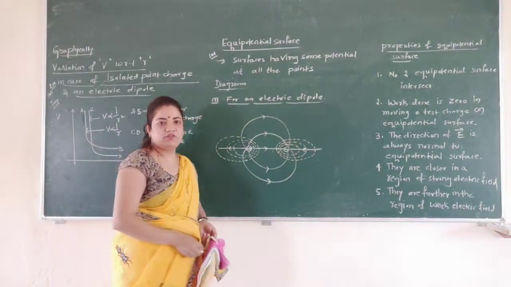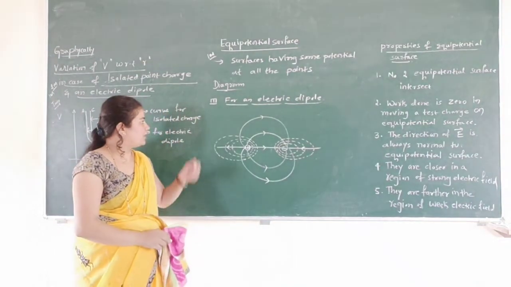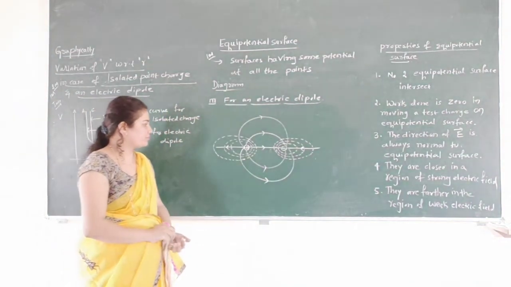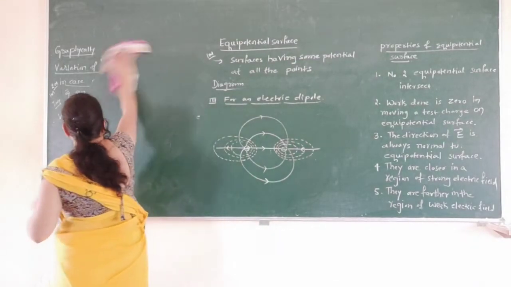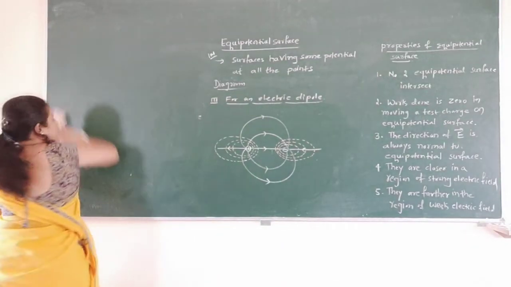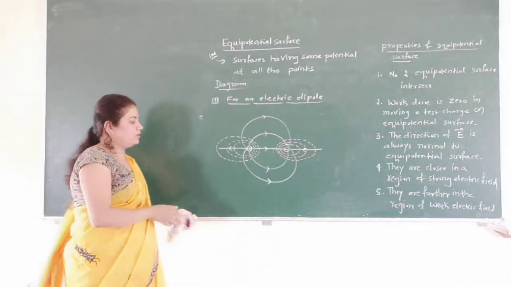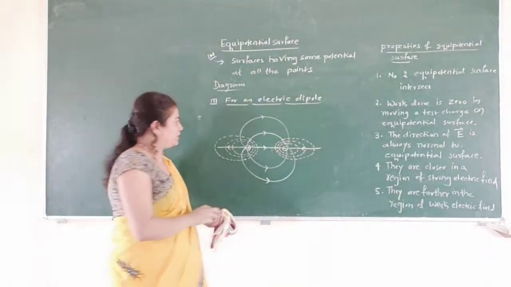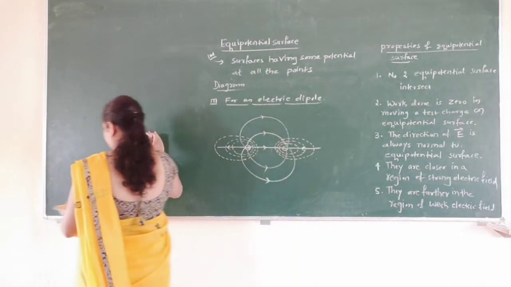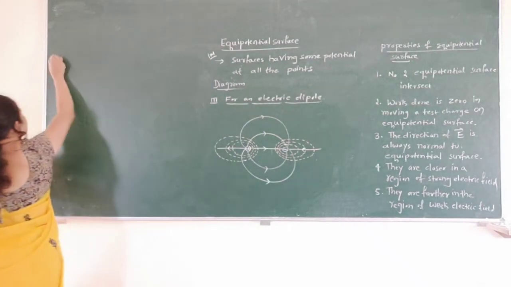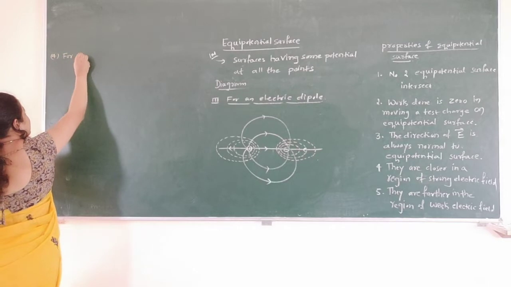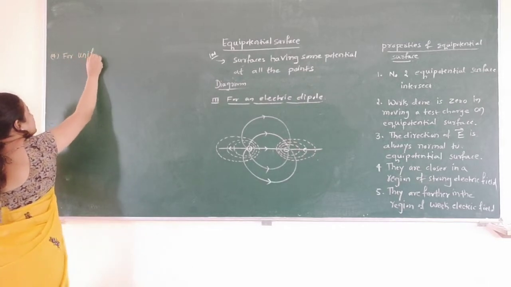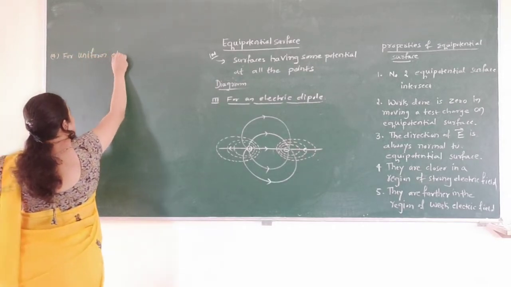So equipotential surface for electric dipole. Next, fourth one, equipotential surface for uniform electric field.